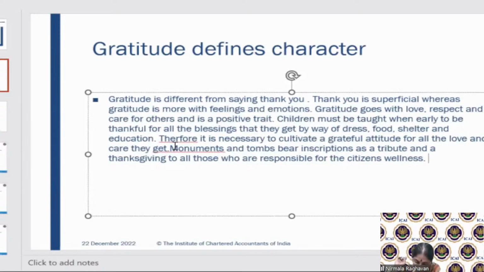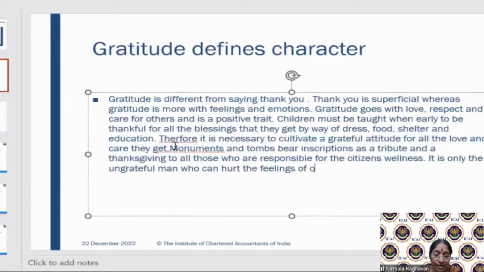Okay, then it is only the ungrateful man who can hurt the feelings of others and he is not a good person. Okay, I stop here. Now let me count the number of words.